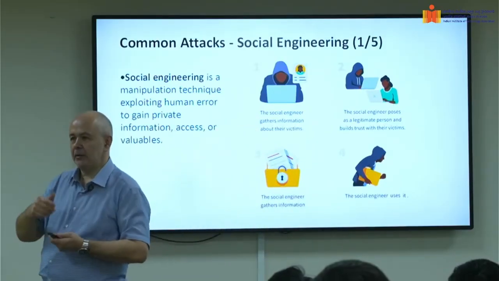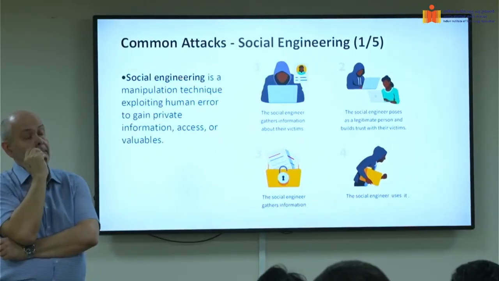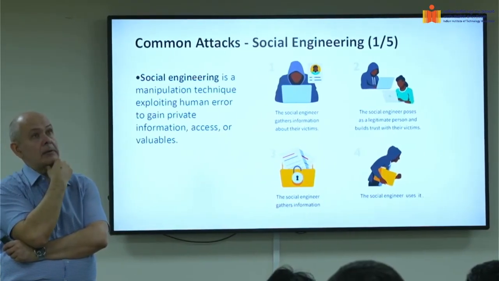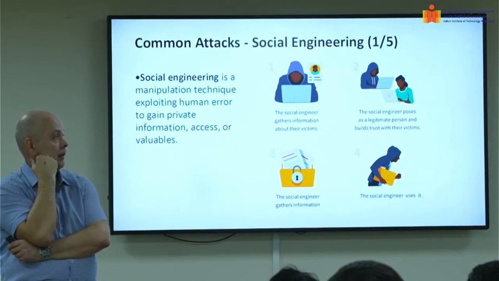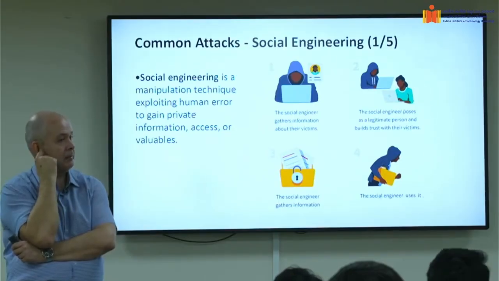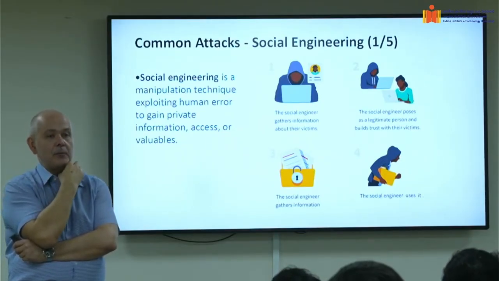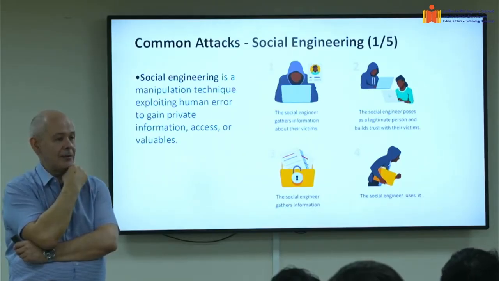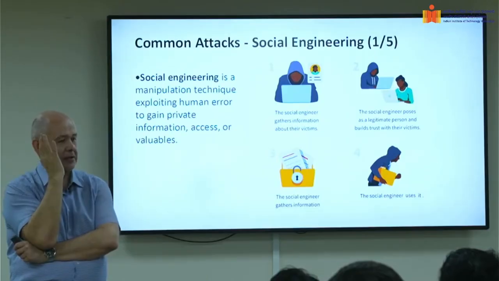For example, in Russia, there is a company making phone calls, and they could present themselves as governmental workers or bank workers. They would like to get information about cards, very sensitive information.